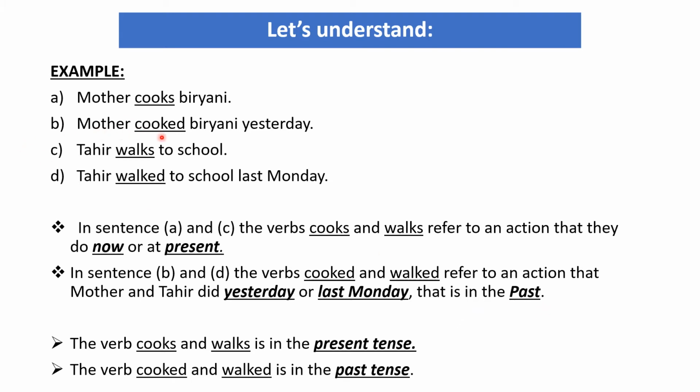Now these verbs, cooked and walked, show something which has been happening yesterday or last Monday. So the time shown here is in the past. The verbs cooks and walks are in the present tense. The verbs cooked and walked are in the past tense.